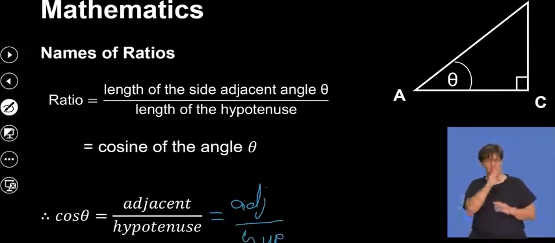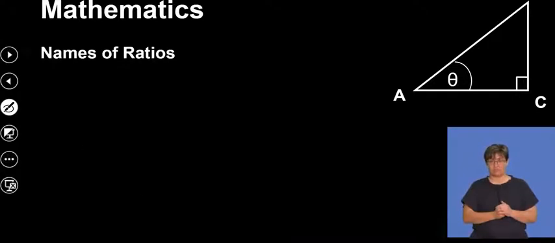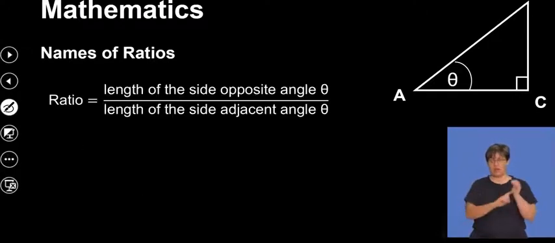I'm just including this because at a later stage, I might be just writing ADJ and HYP and not writing the whole word. So I want you to please be familiar with the vocabulary that you're going to be using in trigonometry. Now, the last ratio is the length of the side opposite angle theta over the length of the side adjacent to angle theta, right?